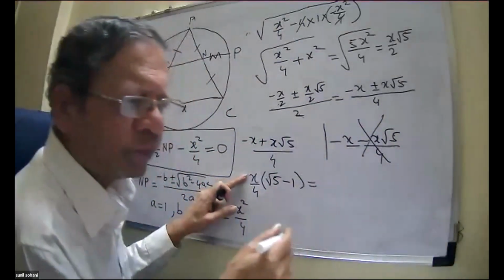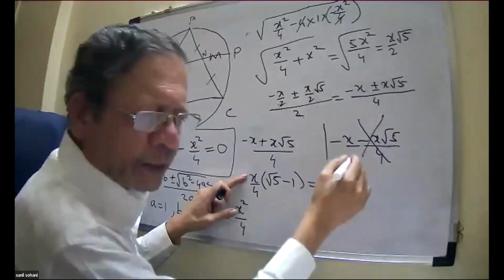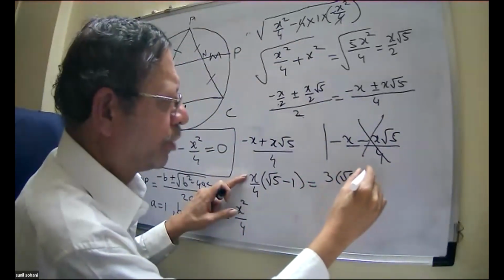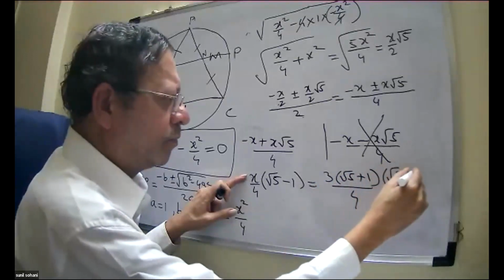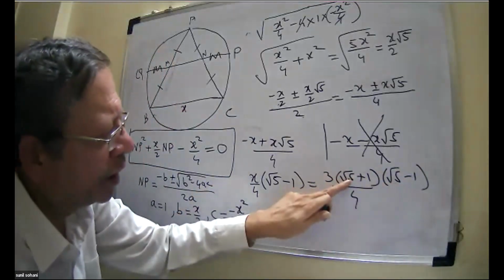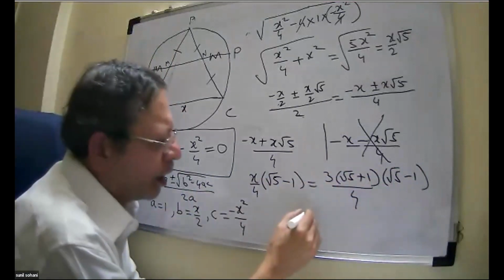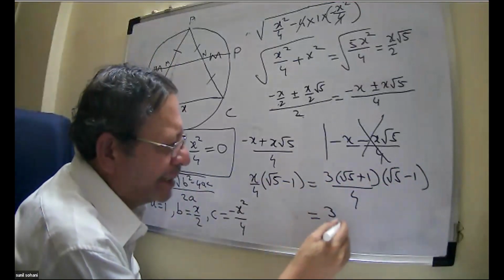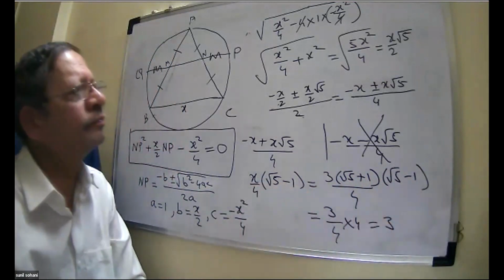What did I write? 3 times root 5 plus 1 was x upon 4 into root 5 minus 1. When you multiply a plus b times a minus b, you get a square minus b square. So 5 minus 1 is 4, and this 4 nicely cancels out, giving the answer 3 as required in the question.